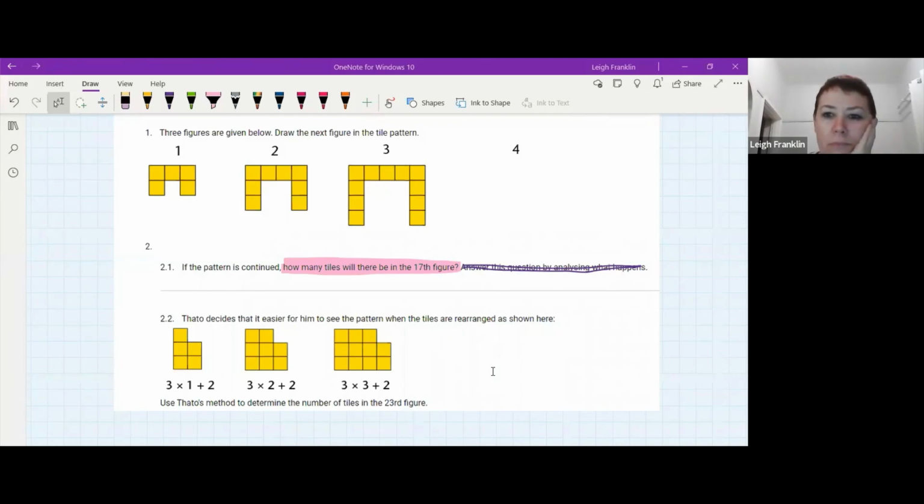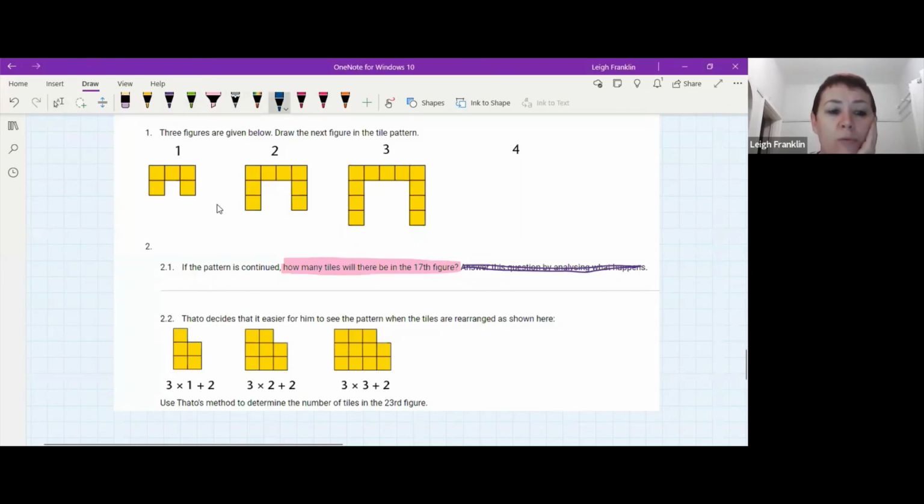Ma'am, at T1, I said 3 times 1 plus 2 equals 5.